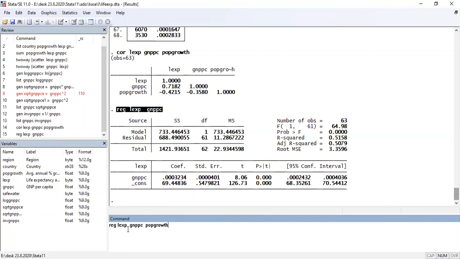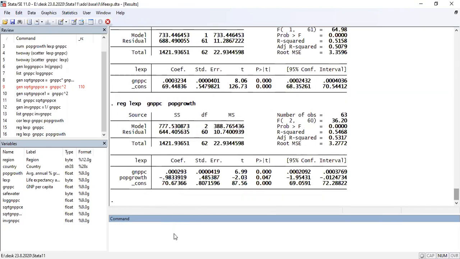Population growth. Now the software already knows that your dependent variable remains the same, LEXP. Your independent variables are now two, GNP per capita and population growth. Don't forget the model, which I erased, but you know the model. I hit command and enter, and you get this.